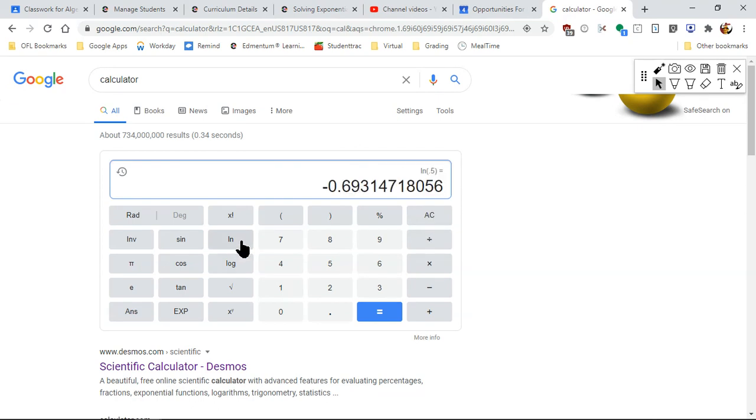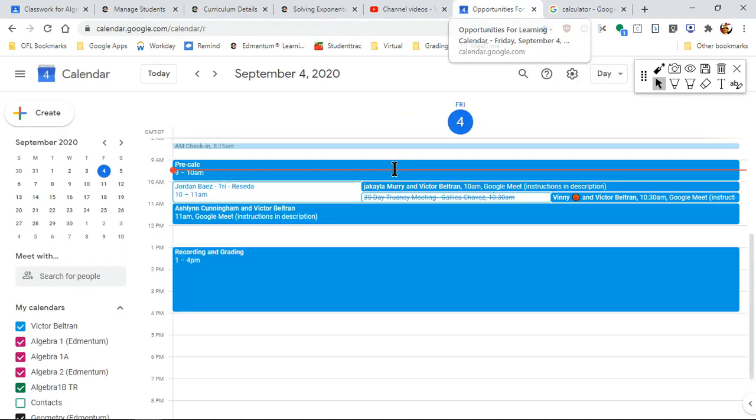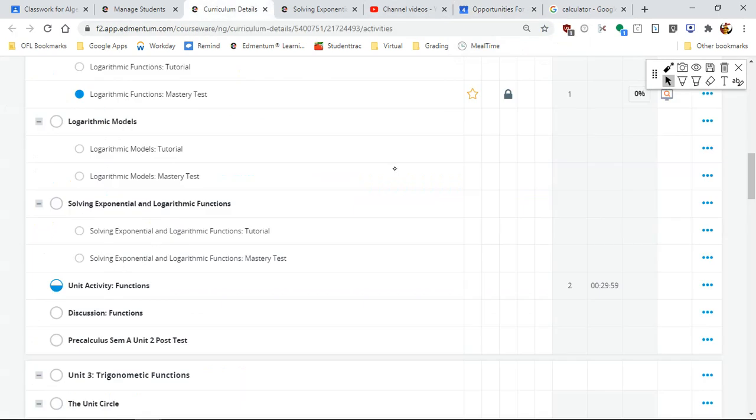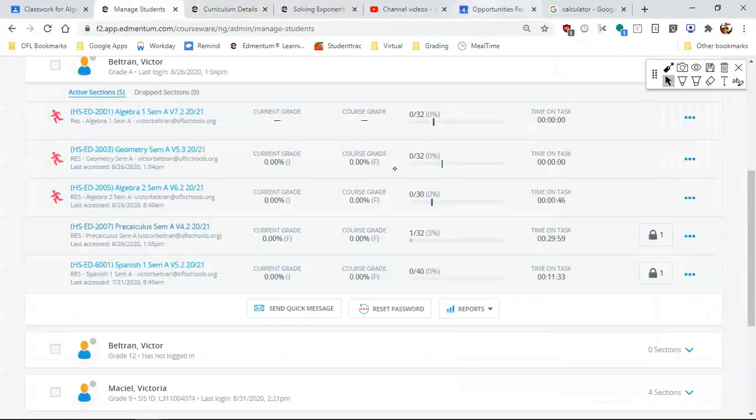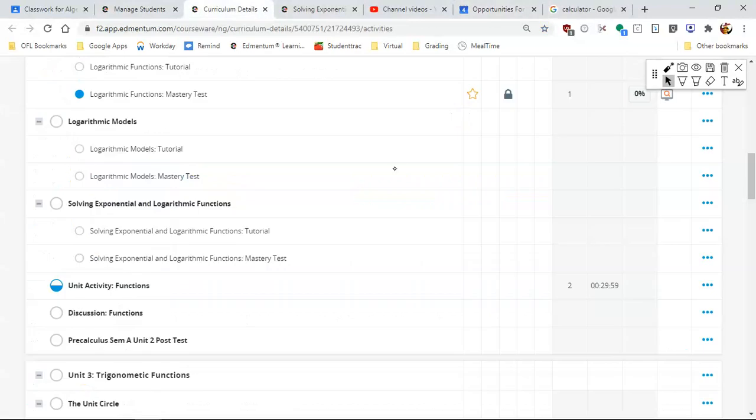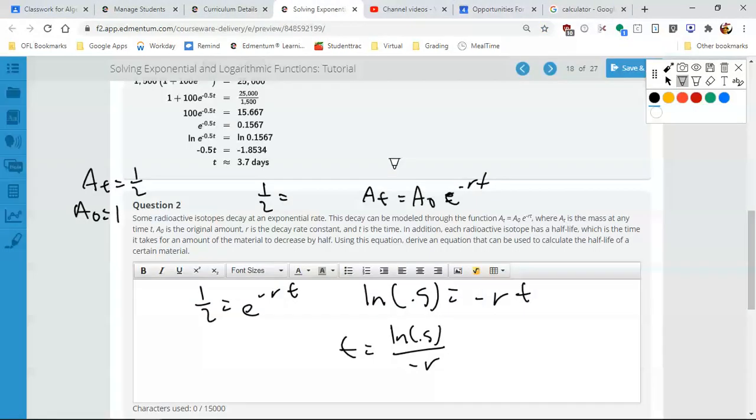Ln 0.5. So we get 0.70, or 0.69. Where are we? There we are. 0.70 over r. So t equals 0.70 over r.